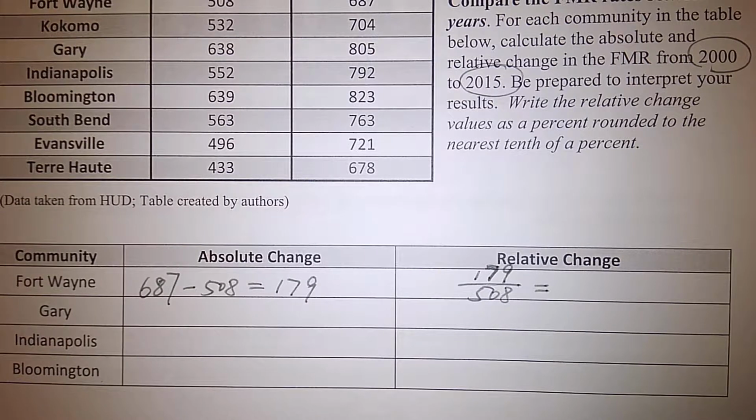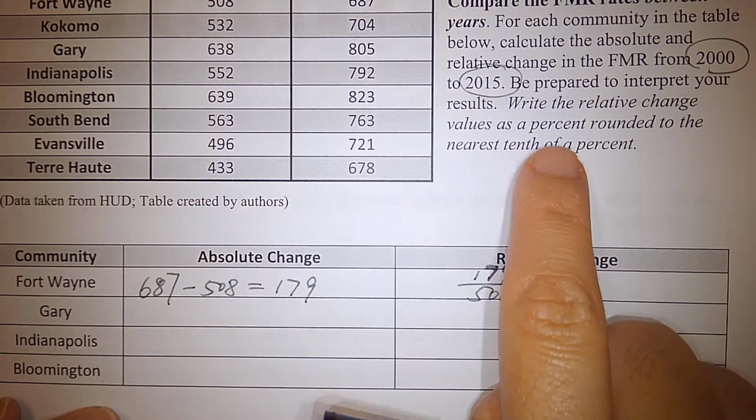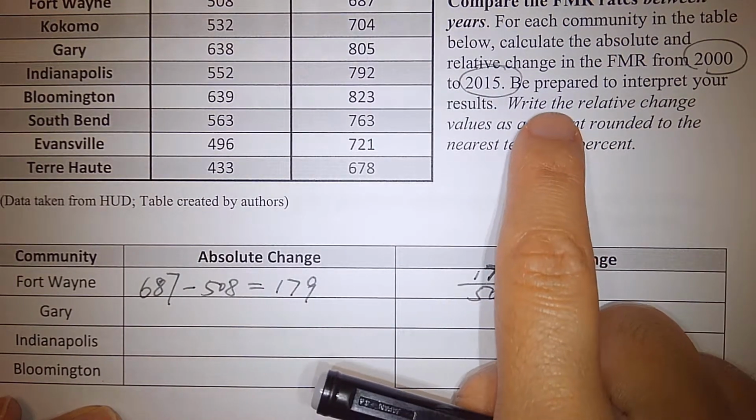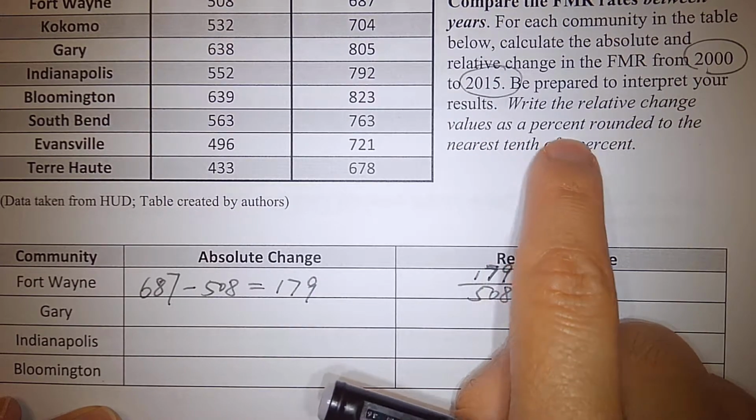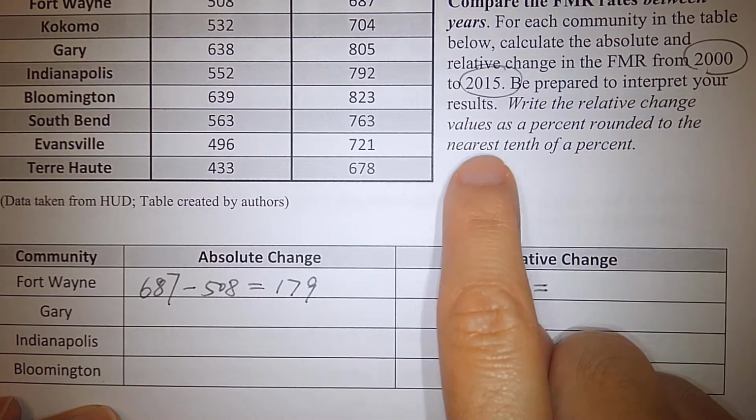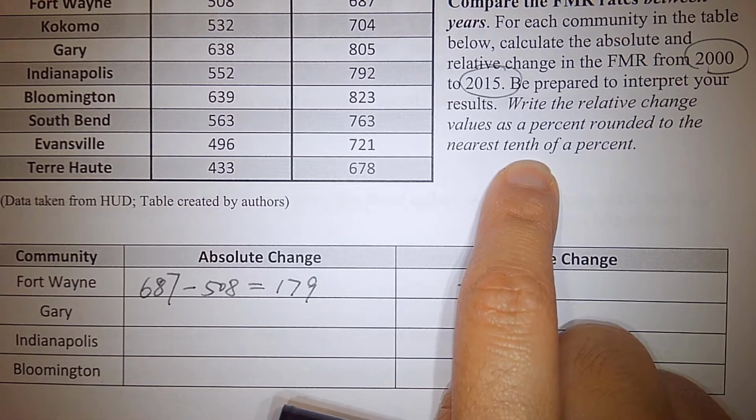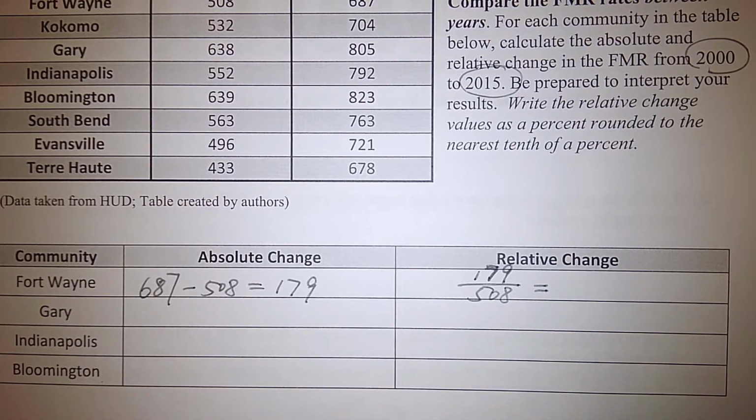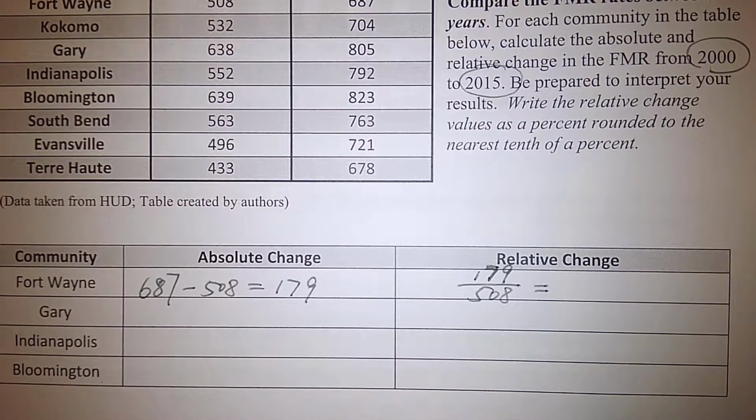Yeah, we should get a decimal number. It says write the relative change values as a percent, round it to the nearest tenth. That means with a percentage sign, we should have 1 digit.